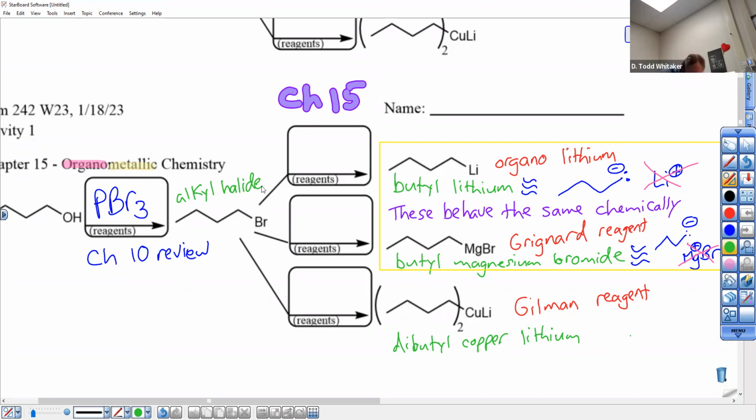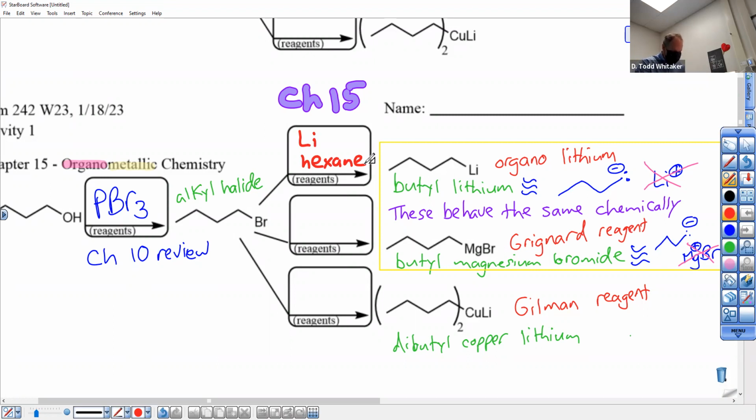Lithium metal. And hexane is a very common solvent. Solvent choice is important with organometallics. We'll talk about that in one of our activities after this one.